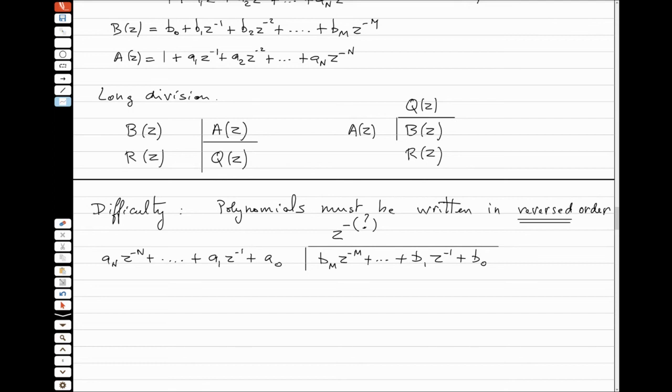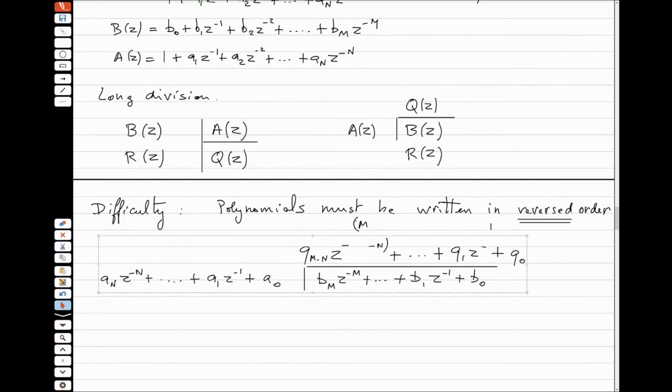The second, Khalid, again, correct. So q_n z^-n, and then q1 z^-1 plus q0. All right.